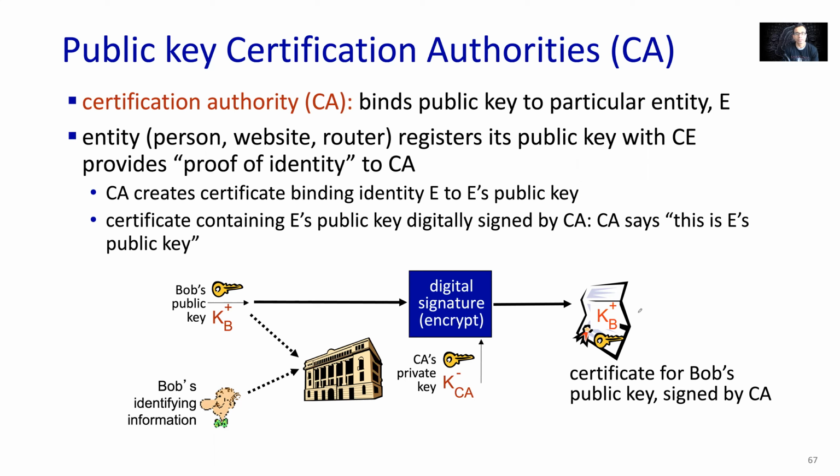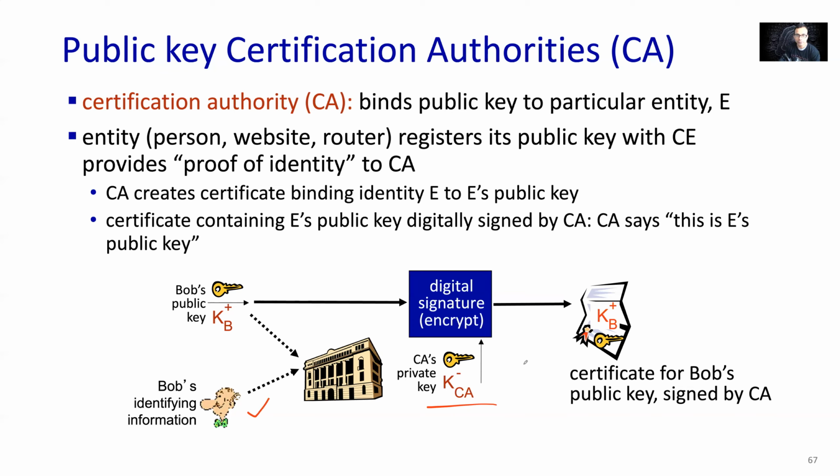The way this would work is if Bob wants to get his key attested from this certificate authority, Bob would provide them with certain identifying information. Bob would give them his public key. The certificate authority would first verify that this is indeed Bob, and then they would certify, essentially attach a certificate to Bob's public key.